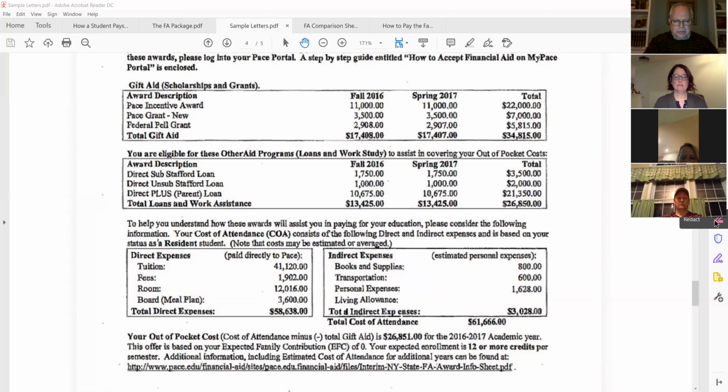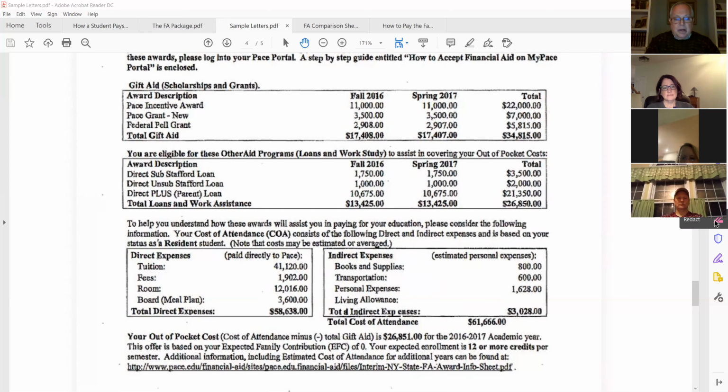That interest becomes principal, and then you're paying interest on a greater amount of principal each time they roll the dice. By the time you get out of school and get ready to pay, 20,000 could quickly be 35,000. So pay the interest on any unsubsidized amounts.